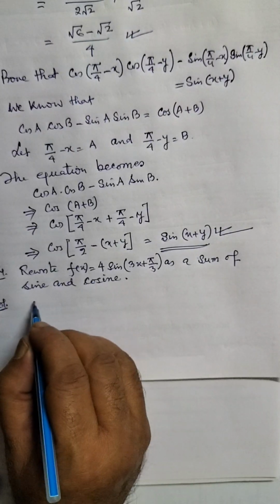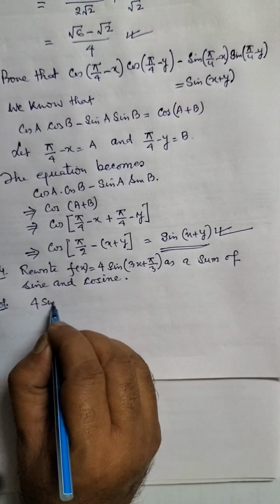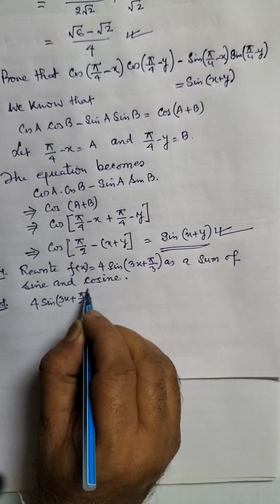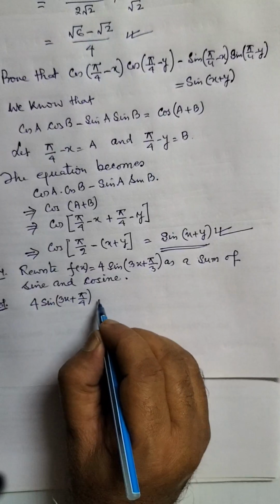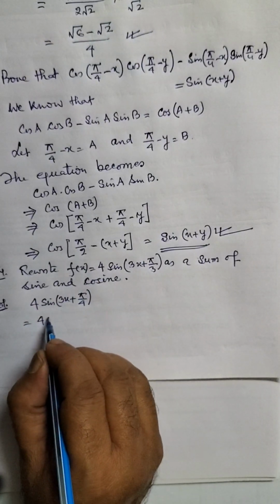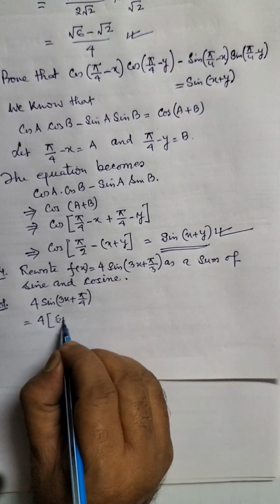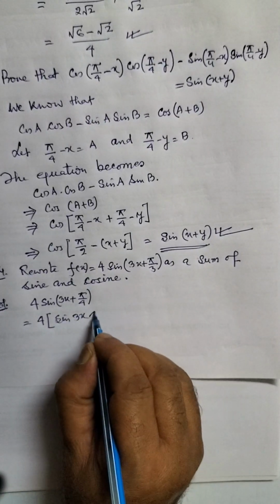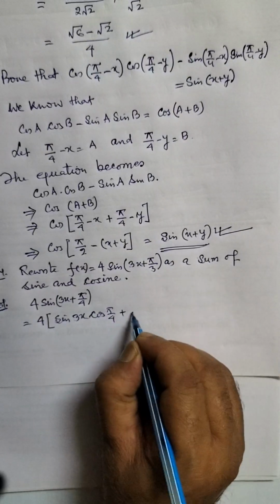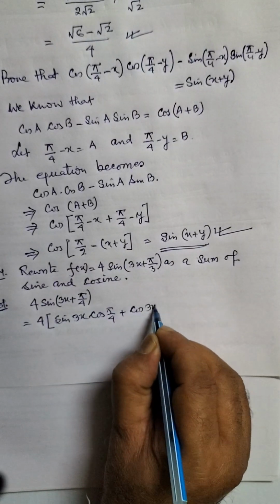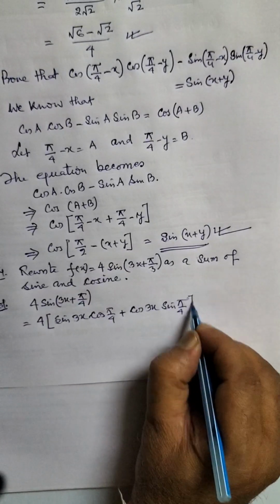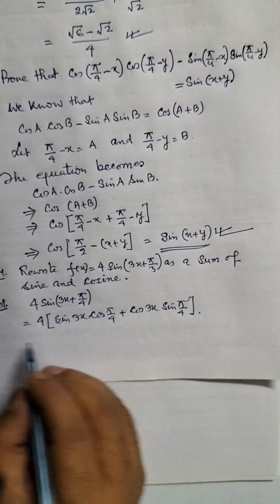Now 4 of sine 3x plus pi by 3 is equal to 4 times sine 3x cos pi by 3 plus cos 3x times sine pi by 3. Now put the values.